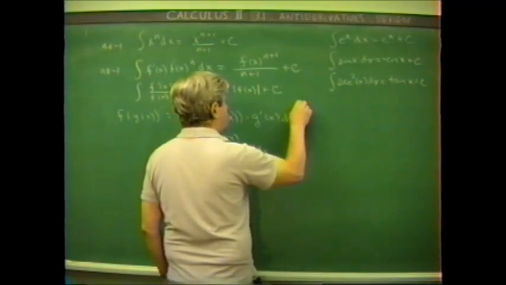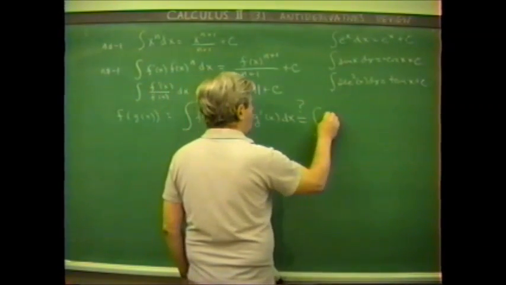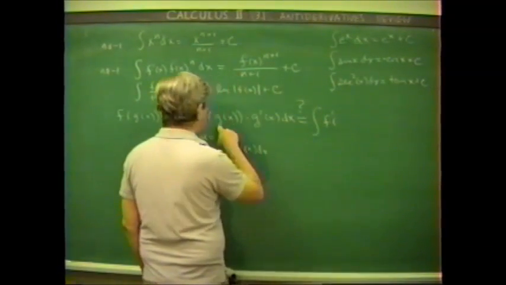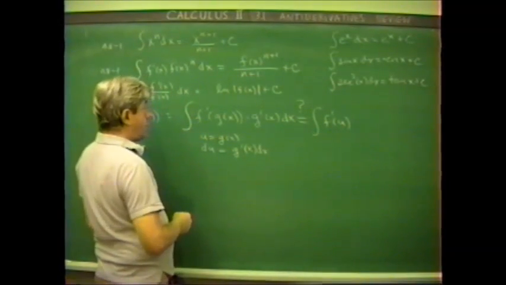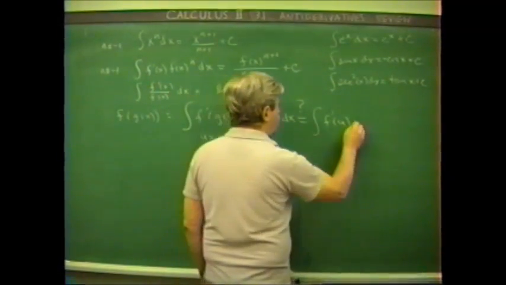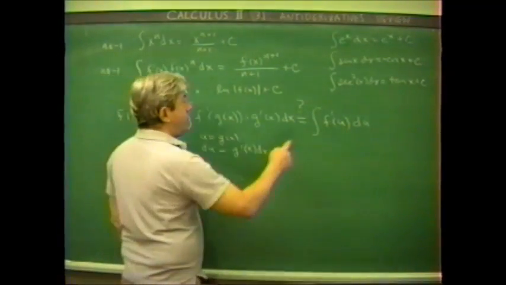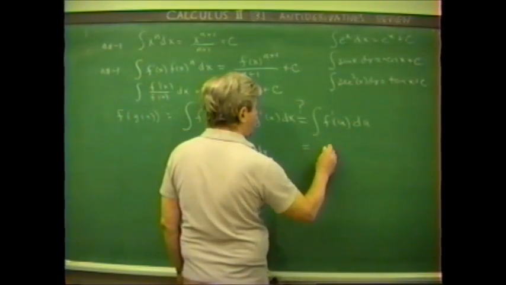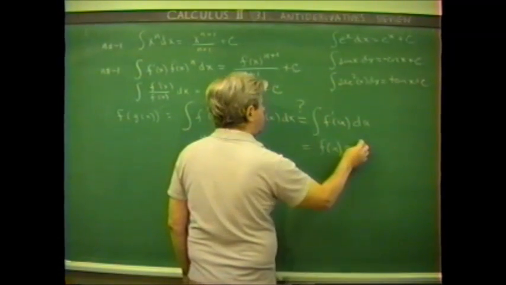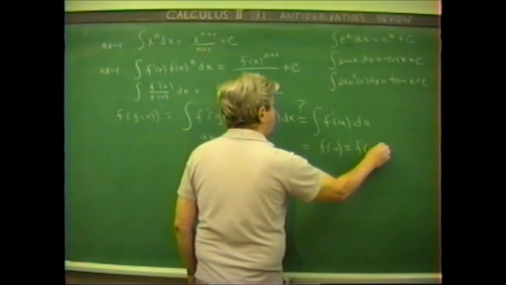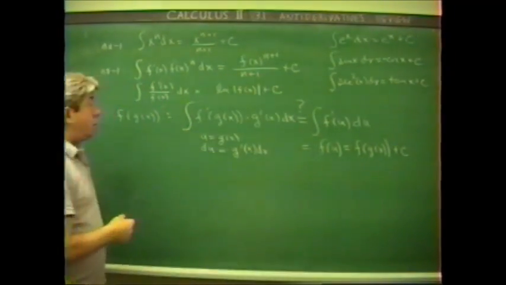Is it possible to change this over and write this as the antiderivative of f prime at u times du? Well, the antiderivative of f prime of u with respect to u is f of u, and since u was g of x, we get f of g of x, plus any constant here, of course, throughout.